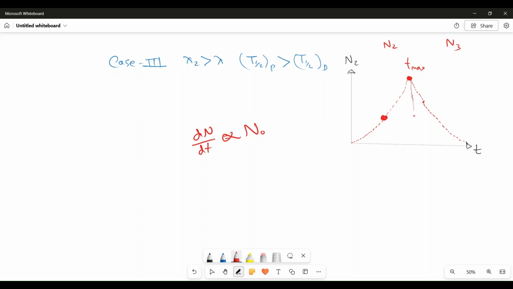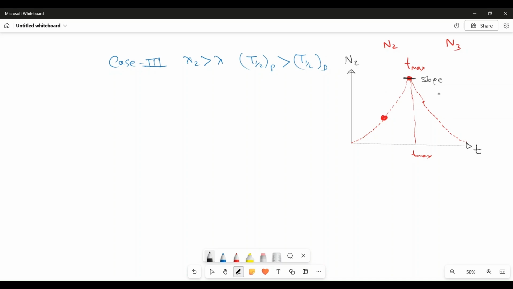This part is called Tmax, and here we will find the Tmax when our daughter element will have the maximum amount. To do that, we have to find Tmax, right? In this part the slope is 0. So we will use this concept, and to find the slope we basically have to differentiate this whole thing by t.